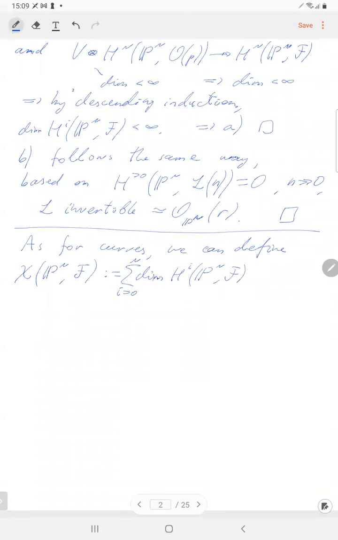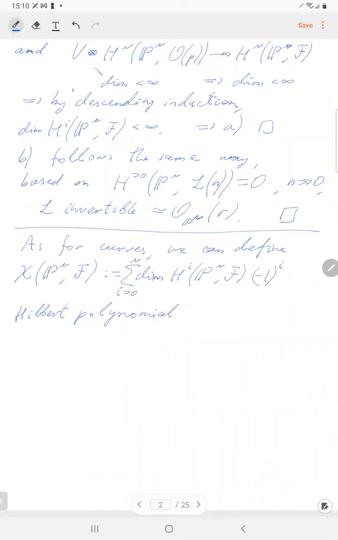All the cohomology are finite dimensional, so this makes sense. Are there no signs in the Euler characteristic? Sorry, yes, absolutely, yes, (-1) to the power i. Sorry, thank you very much.